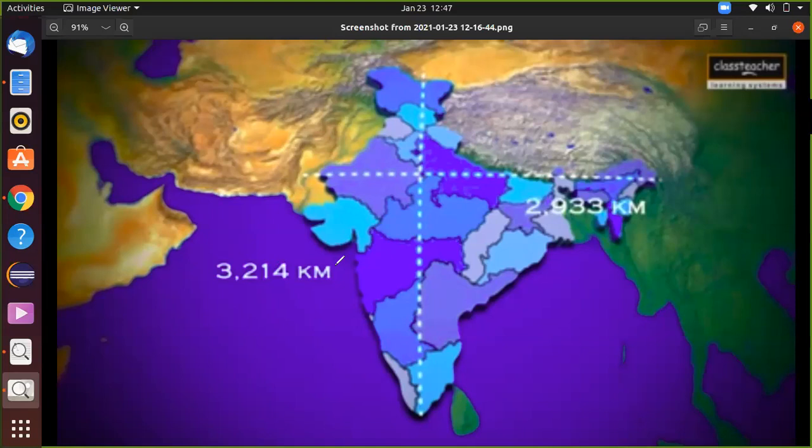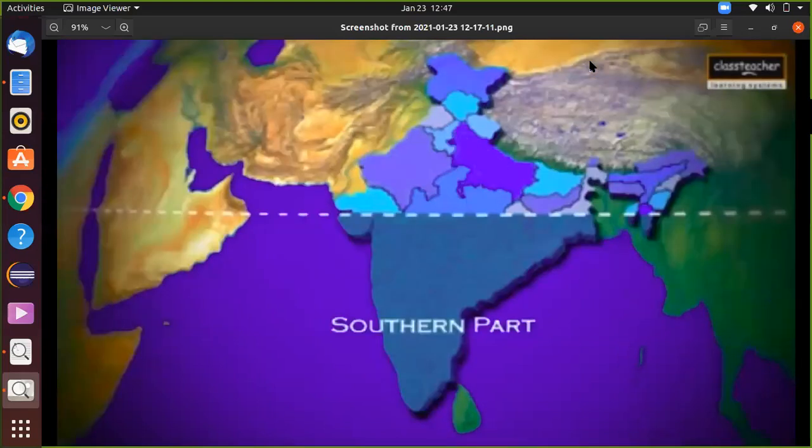That's why we saw earlier that the difference between the latitudes and the longitudes of India's location was near about 30 degrees. So these two figures are also indicating the fact. Clear? I hope these things are becoming easier and simpler for all of you.